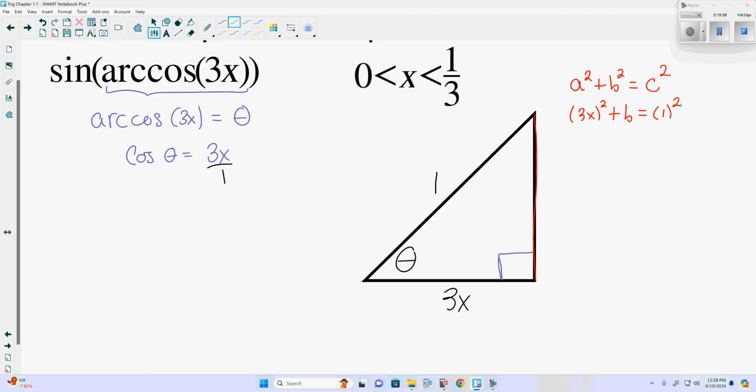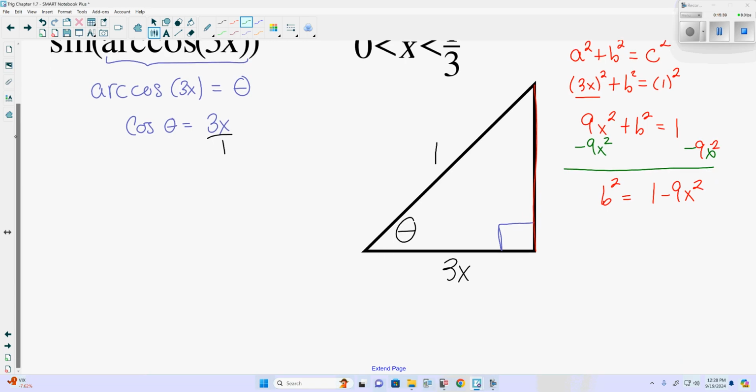What's 3x squared? 9x squared. Plus our b squared, 1 squared. What do we need to do next to get b by itself? Minus 9x squared. Telling us b squared is equal to 1 minus 9x squared. We're almost done. We haven't got b by itself.